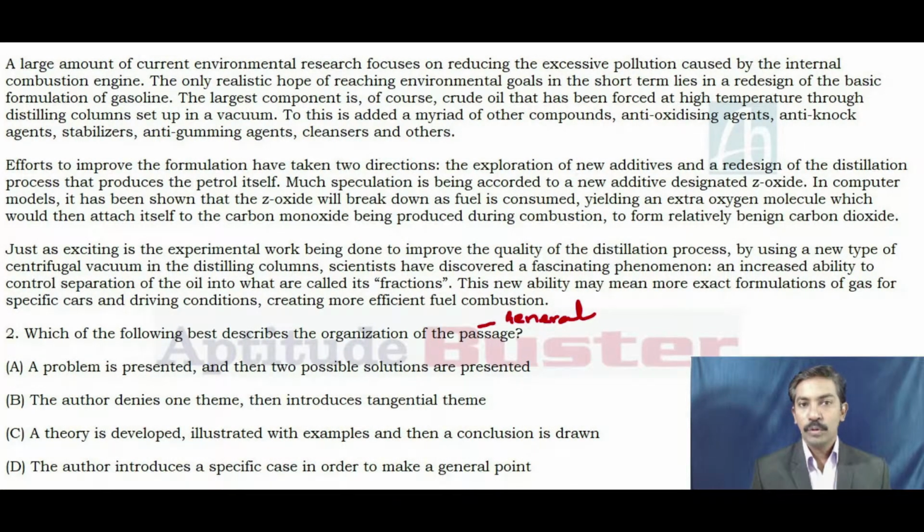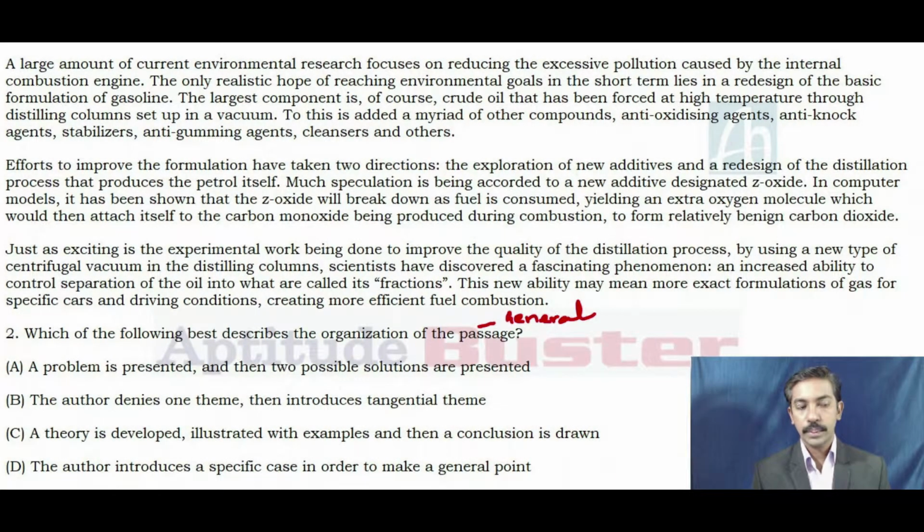I'd like to give you one more tip for general type questions. For you to answer general questions more accurately, you can rely on analysis of answer choices. That is, with the help of your first glance of the passage, you can move to find out reasons to eliminate wrong options, which we're going to try now for this question.